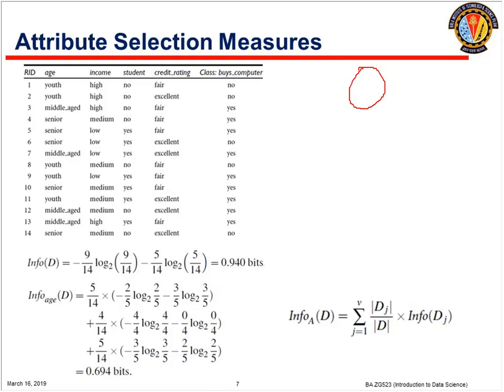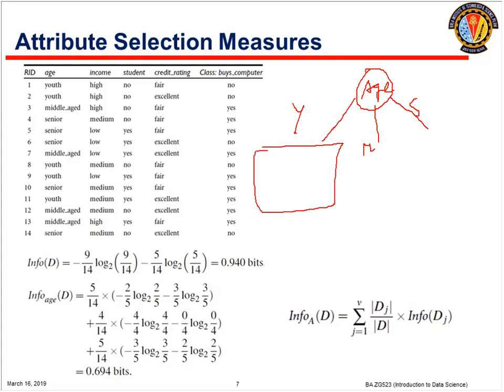Age has three cases: youth, middle aged, and senior. So you have to find entropy for all of them and sum them up. The entropy of the system after the split will be the sum of these entropies. So we will look at the entropy for youth, entropy for middle aged, entropy for senior, and we saw how to calculate these entropies.